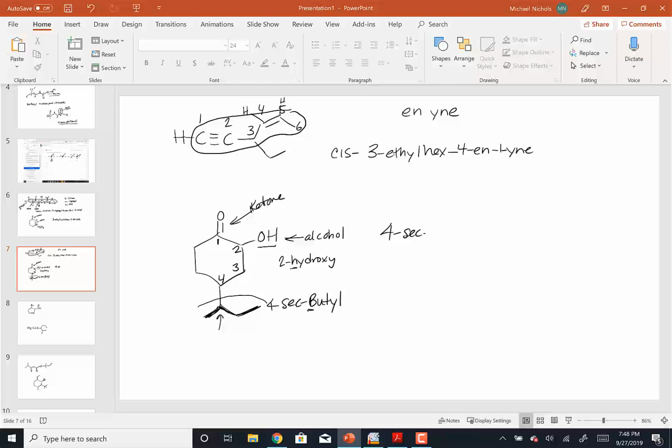We've got a 4-sec-butyl, 2-hydroxy, and now the parent name, this is a cyclohex. Alkene, alkane, alkyne. There's no double bonds in the ring, no triple bonds in the ring, so this is a cyclohexane. And now the suffix of the highest priority group is ketone, so that is -one. So this is 4-sec-butyl, 2-hydroxy, cyclohexanone.